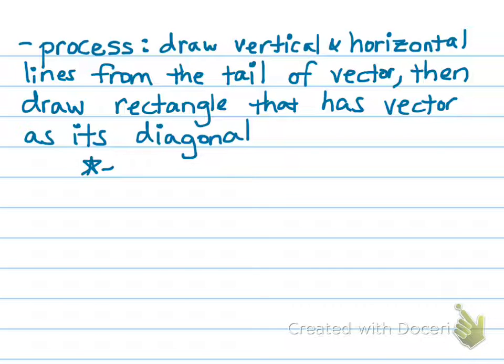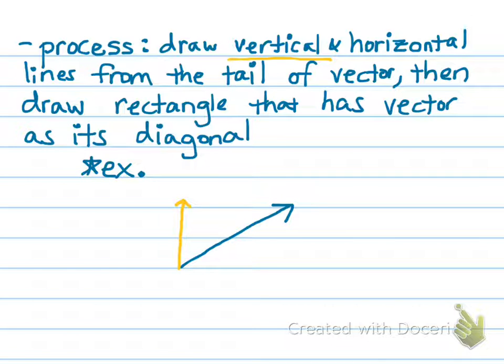So here's an example of what that might look like. I've been given this vector and I'm asked to resolve it. Remember the first step was to draw our vertical. Vertical's up and down, so here's my vertical component.